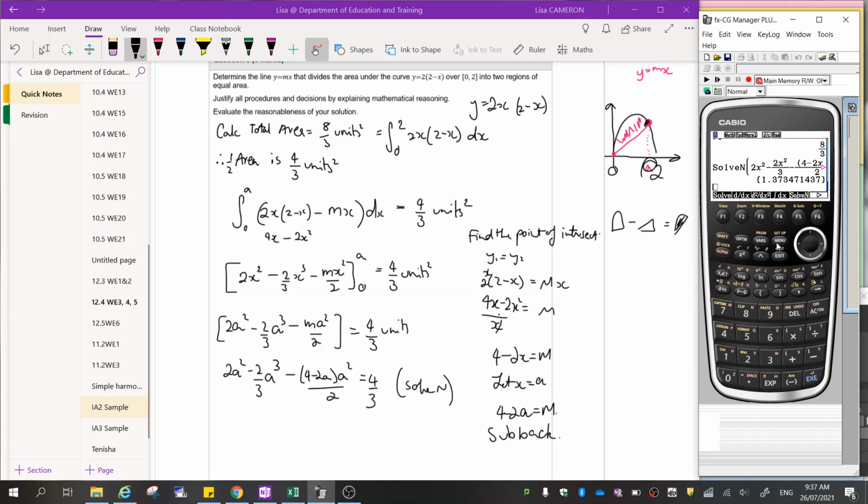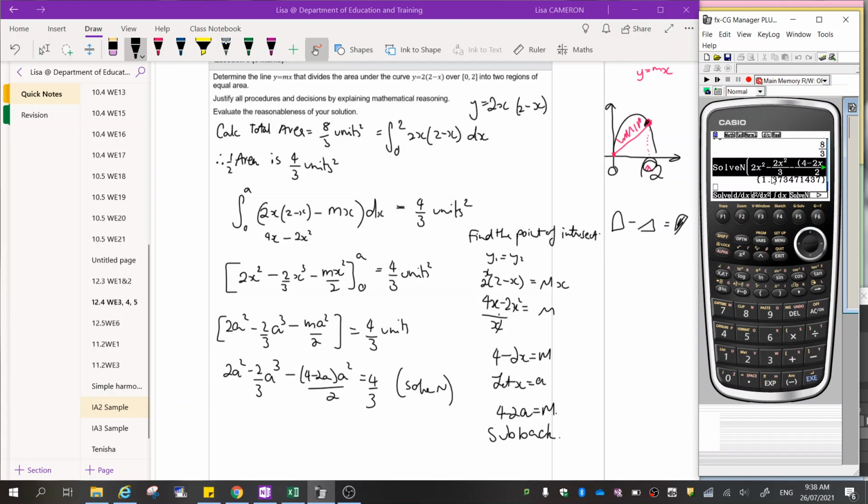Exit. This is different to what I got in my book before. So let's just double check our working here. I think I've put something in the calculator incorrectly. Let's just double check.